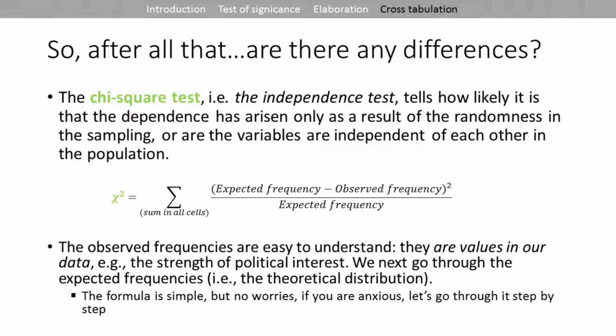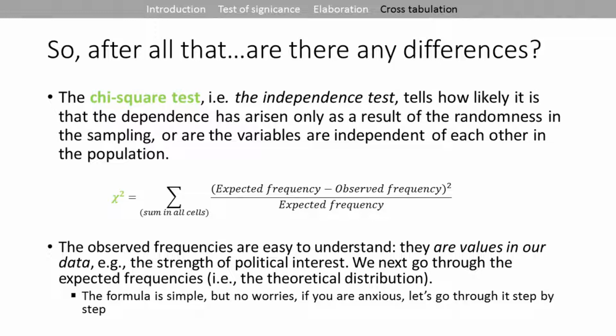And now here, the chi-square test is the independence test, which tells how likely it is that the dependence has arisen only as a result of randomness in the sampling, or whether the variables are independent of each other in the population. And here we have the formula, which I have simplified for you. We need the expected frequencies and the observed frequencies.